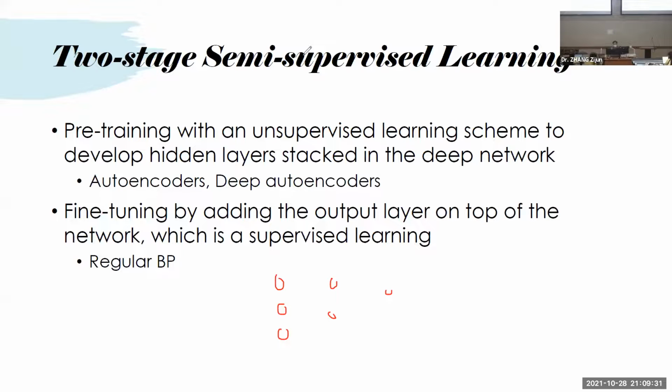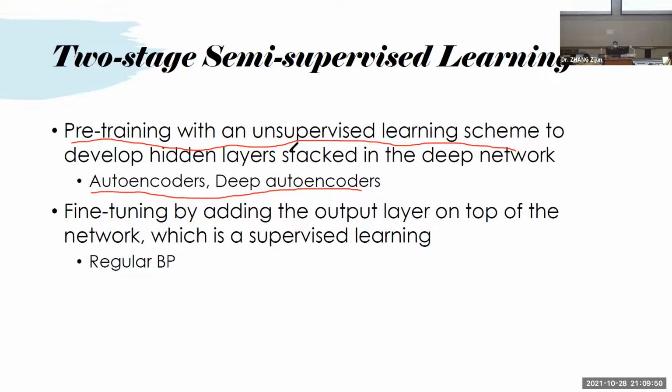Very deep is very difficult. Then how about we do some pre-training with an unsupervised learning scheme to develop hidden layers stacked in a deep network. These methods include autoencoders and deep autoencoders.